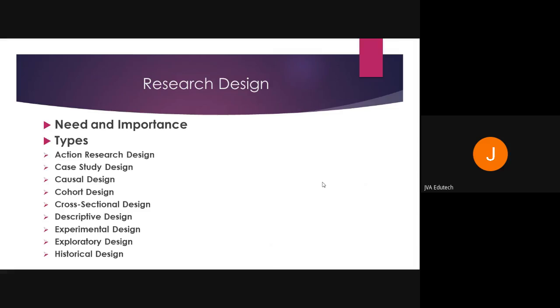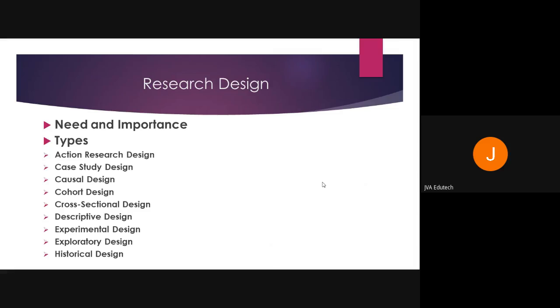Reason being, this research design provides you the framework for how you have to proceed forward. Because until and unless you follow a specific framework or a skeleton, it's of no use because then you will be in a very vague situation.